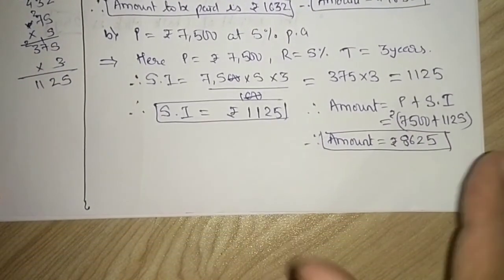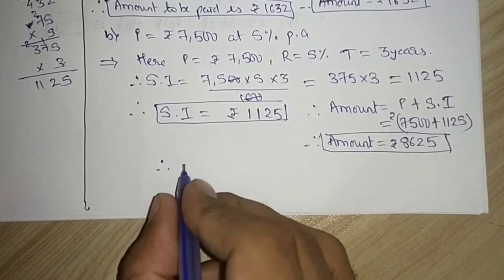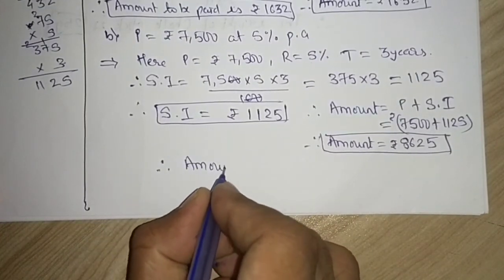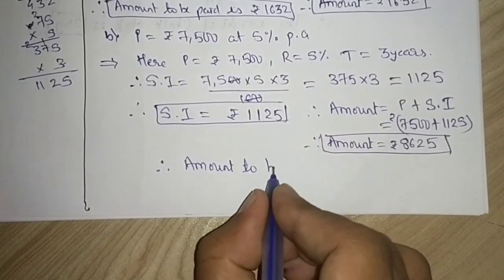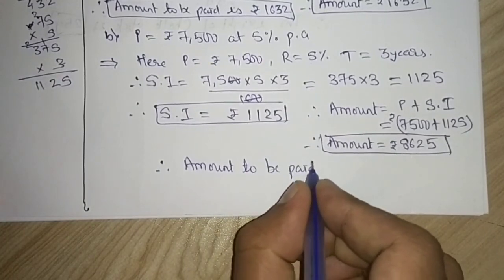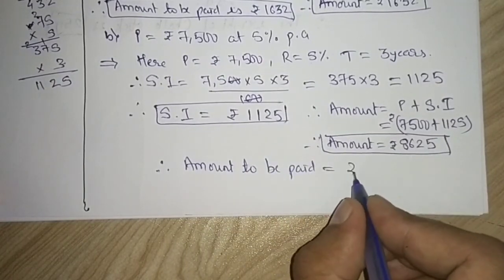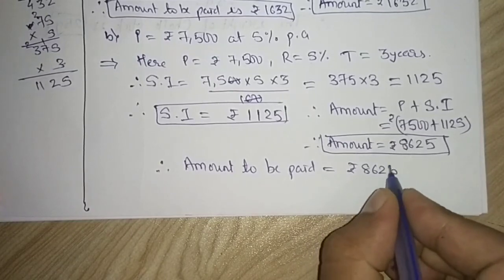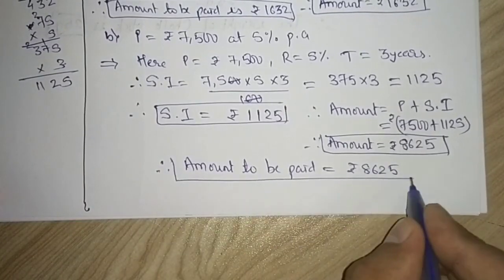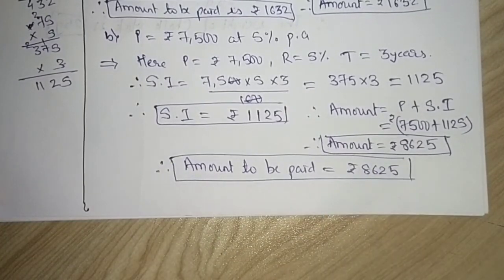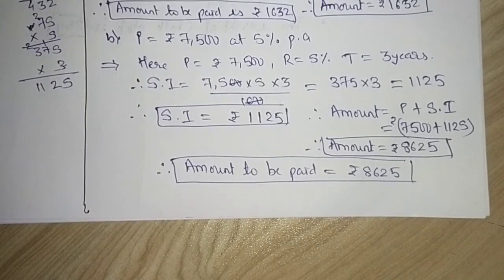So finally I will write, therefore amount to be paid is equal to rupees 8625, which is for part B. Both the parts are having different amounts.